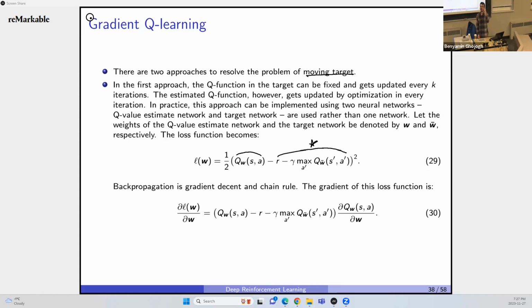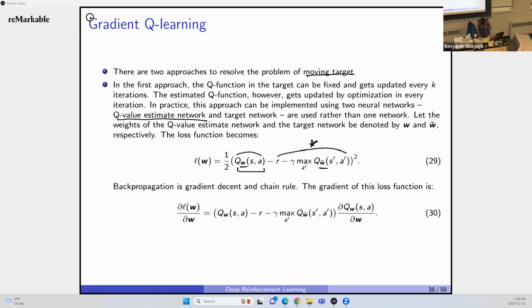Let's use two networks rather than one network. Okay, so I have one network with parameters W, another network with parameters W bar. This is the network that approximates my Q estimation function, the Q value estimate network.